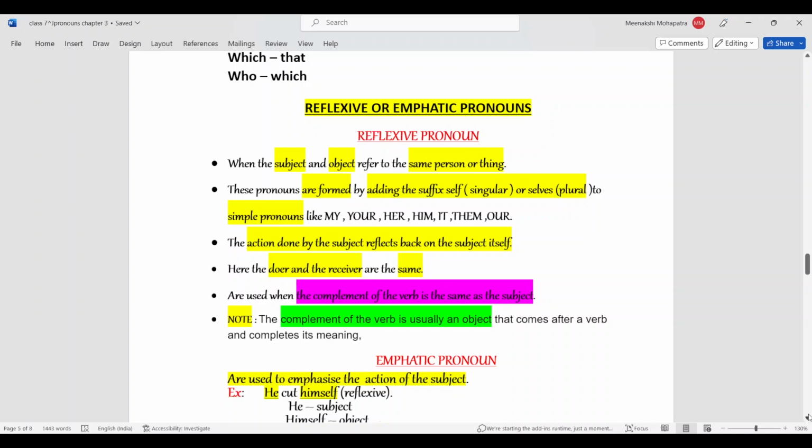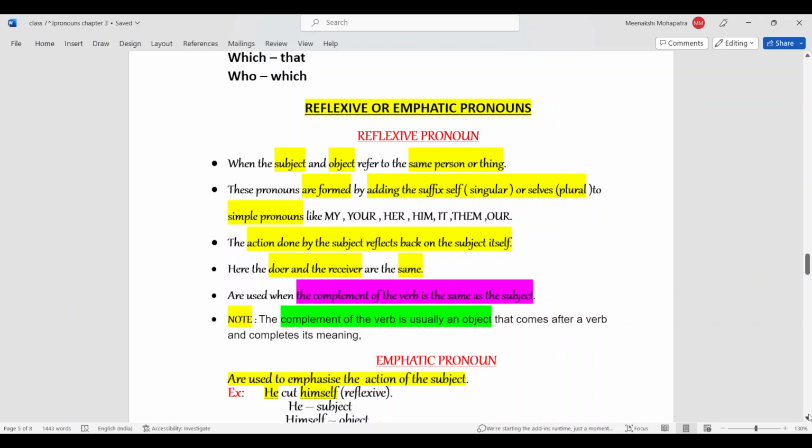Now, the action done by the subject reflects back on the subject itself. Reflects back means that is why it is called reflexive. That means whatever action is being done by the subject, it is reflecting back on the subject itself. Now, here the doer and the receiver are the same. They are used when the complement of the verb, please understand children, is the same as the subject.